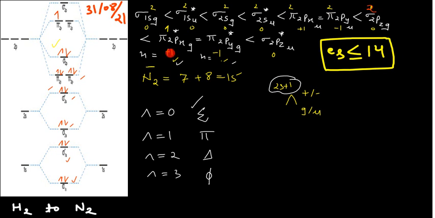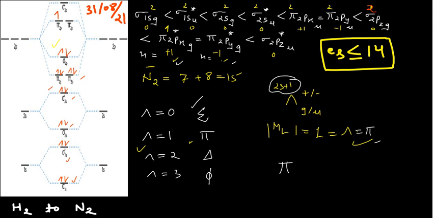So if you calculate the total value, it will give you 1. That means your lambda is 1. Whenever your lambda is 1, you will use pi for this one. So you will put pi here because this lambda is giving you pi. Okay, so the first step you have completed.